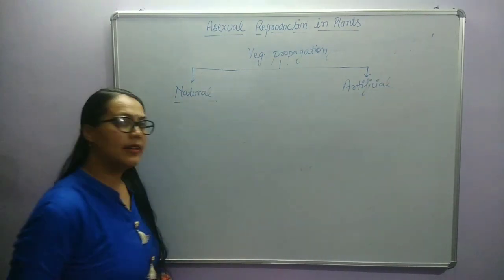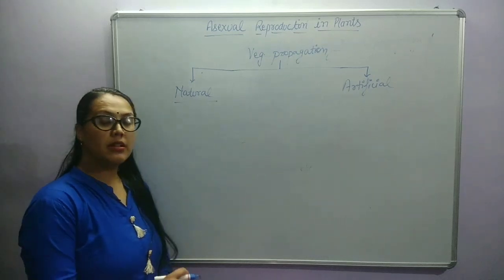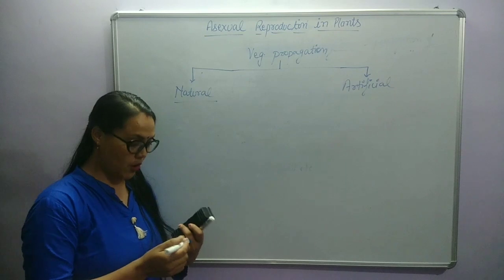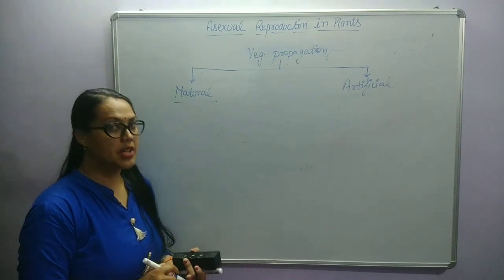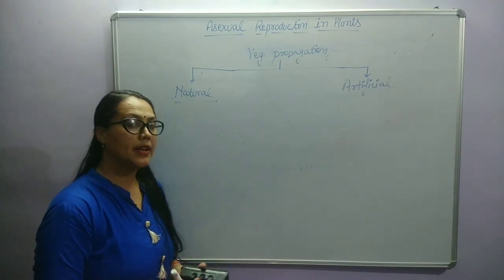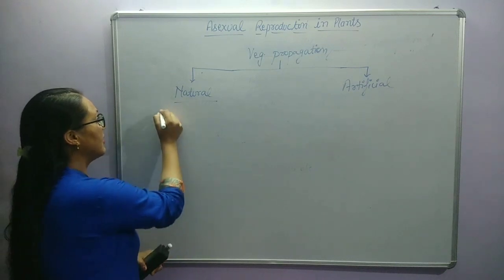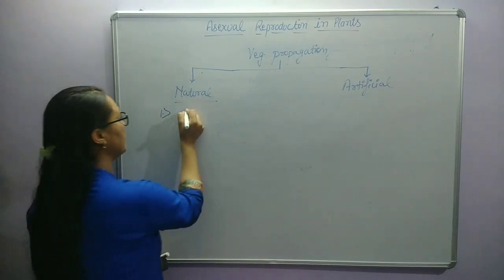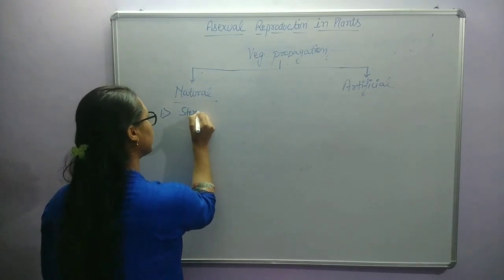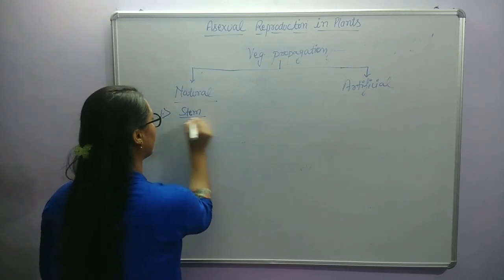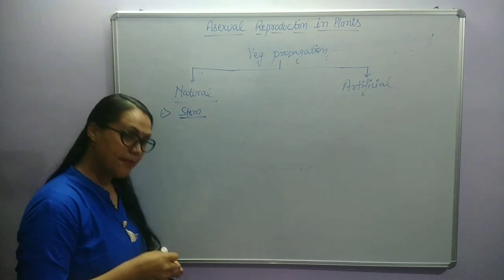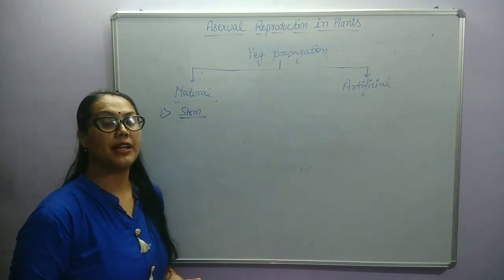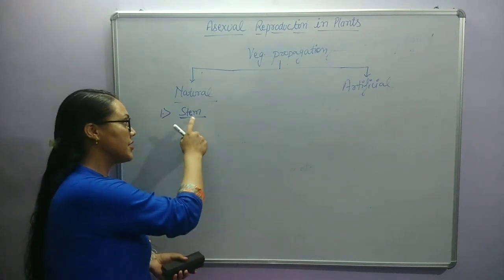Firstly, we will take up the natural methods of vegetative propagation. There are various organs of the plant which help in vegetative propagation. First part that we are going to talk about is stem. So, we will see now how the stems help in vegetative propagation.